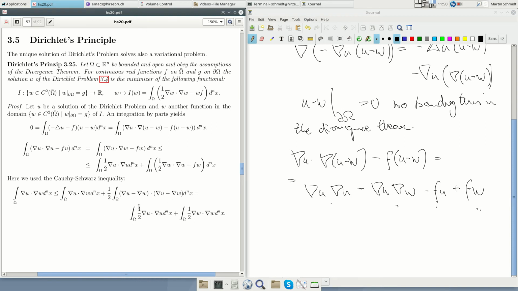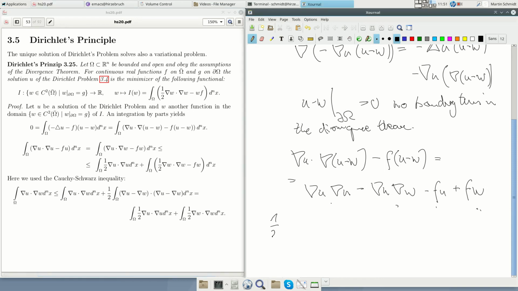Now, if we multiply this out, we get 1/2 over gradient u minus gradient v times gradient u minus gradient w. Here we get 1/2 over gradient u square plus 1/2 over gradient w square.